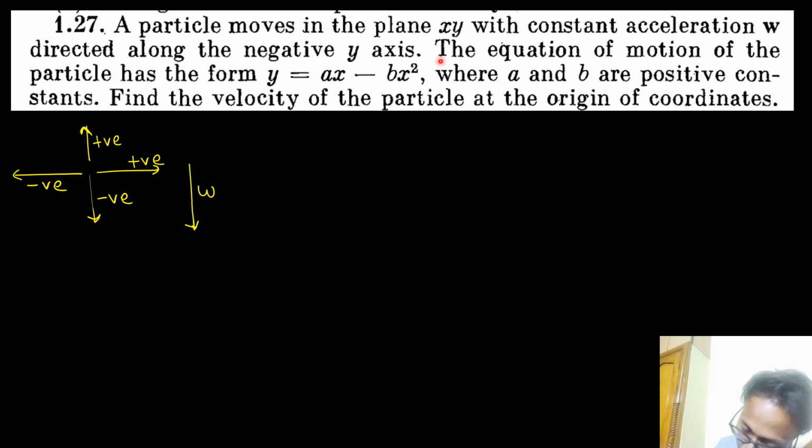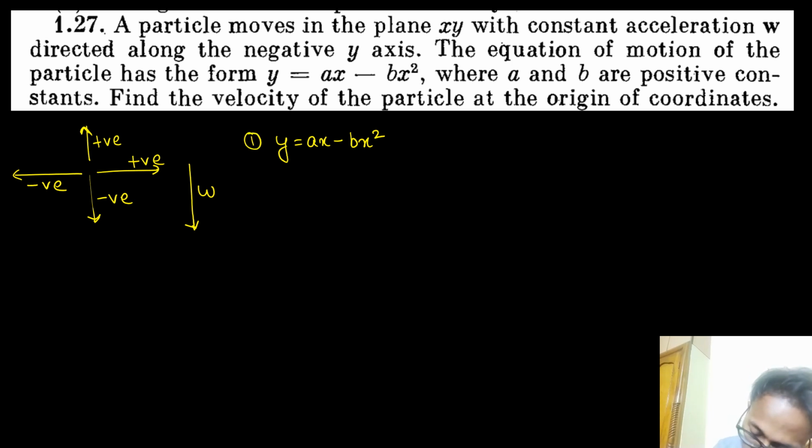The equation of motion of the particle has the form y is equal to ax minus bx square, where a and b are positive constants. Find the velocity of the particle at the origin of coordinates.